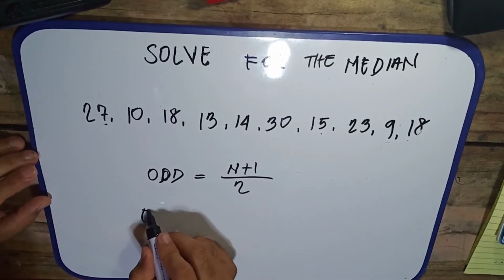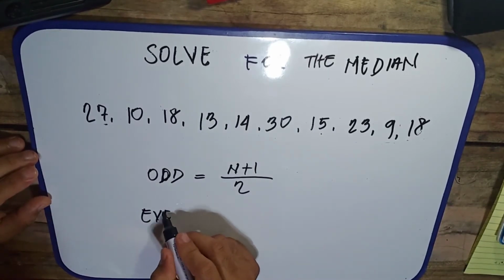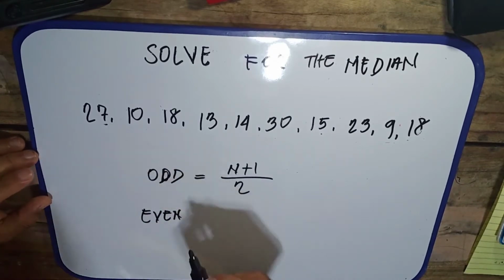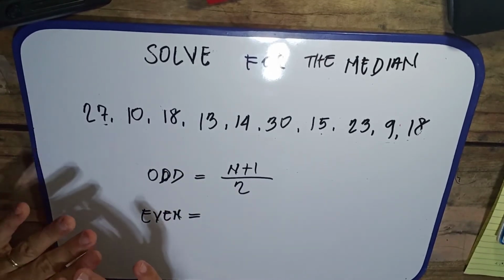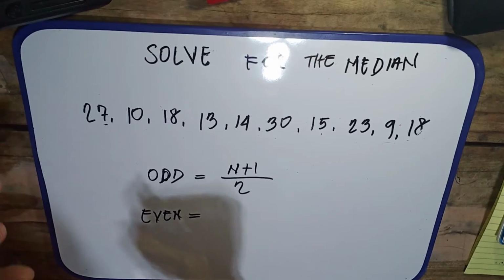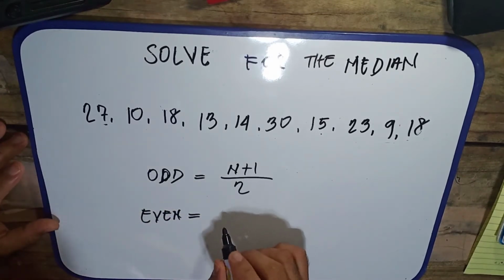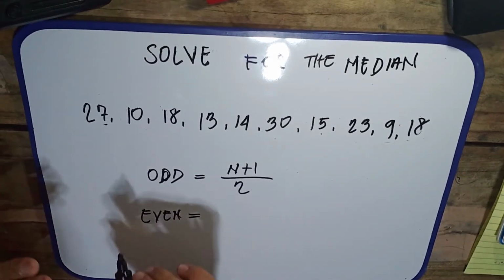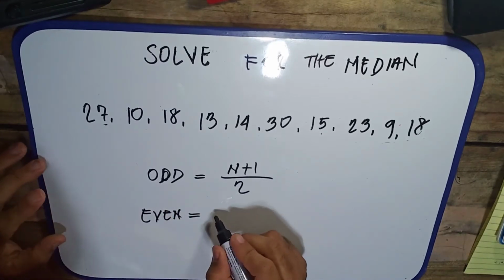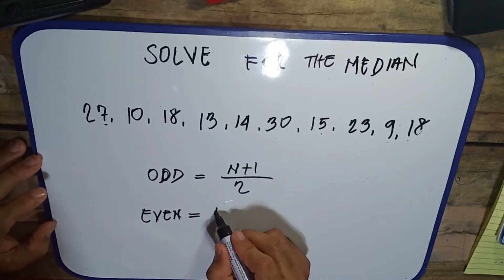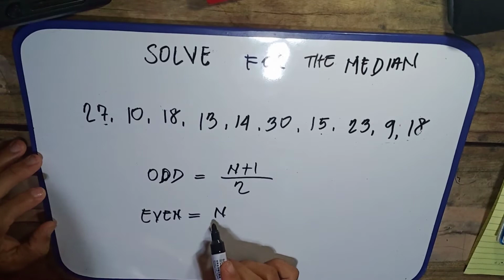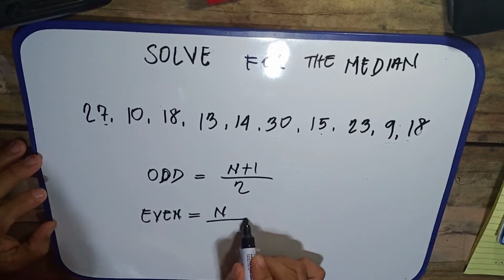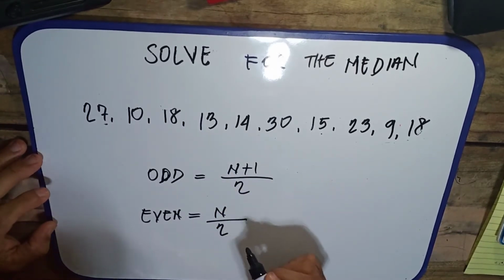But when it is even, in order to determine the center of the data set, we need to first divide the sum of all the numbers, the number of all the numbers in the data set, by 2.